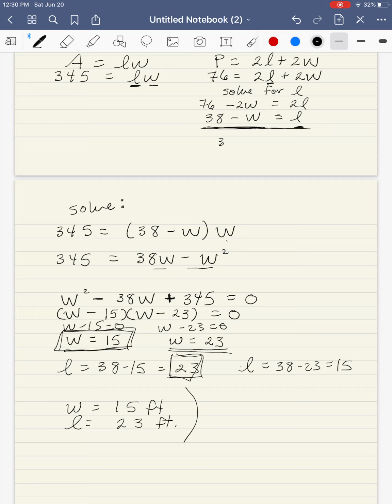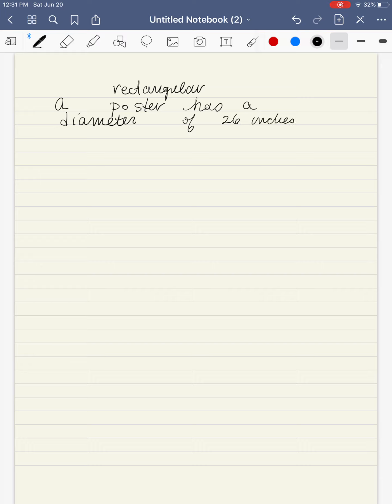Let's look at another example. Let's say that I have a poster. A rectangular poster has a diameter of 26 inches.